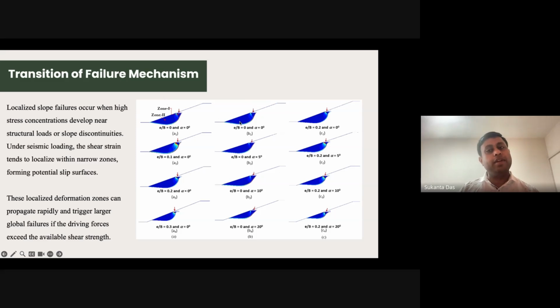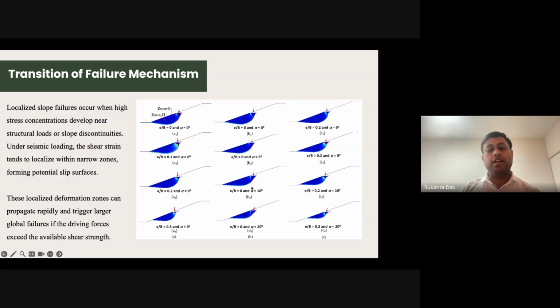Is it only eccentricity? Yes, and when you have inclination of the load, it is applied at the slope exactly at the center, but at some angle. Then also the mass of participation of soil is going to change, and compared to eccentricity, that is going to be significant, as we considered 5 degrees, 10 degrees, and 20 degrees.